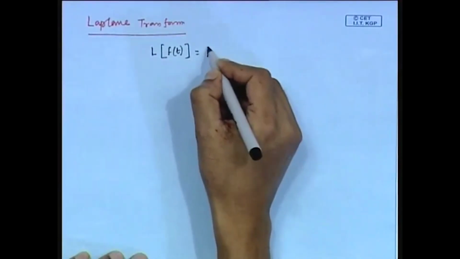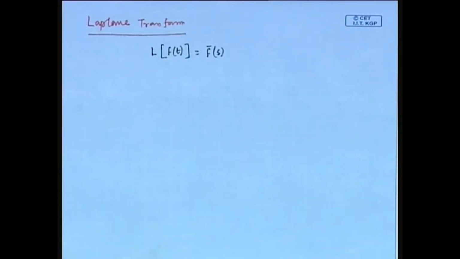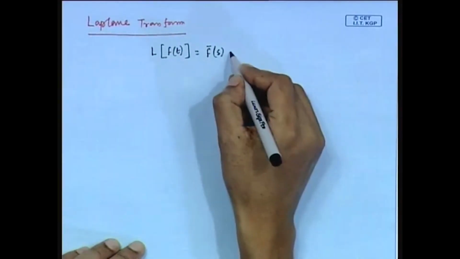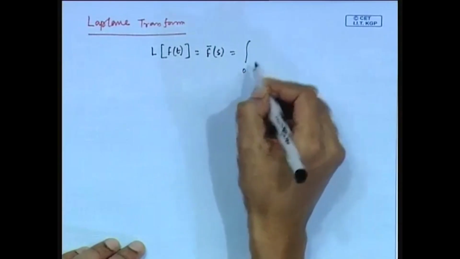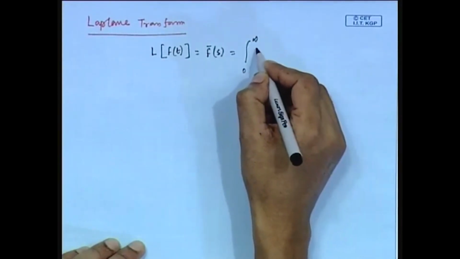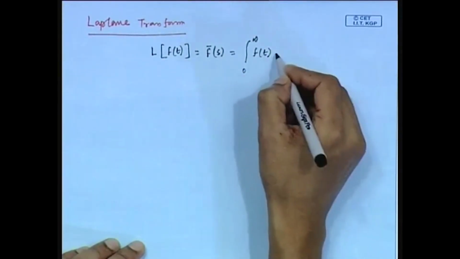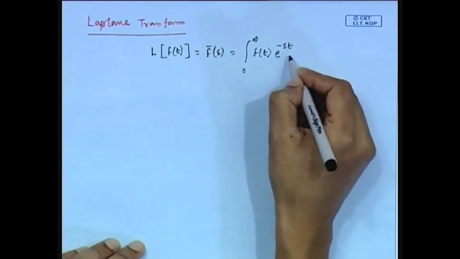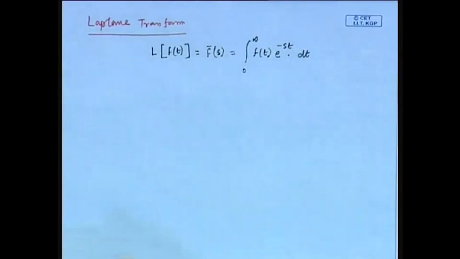This is equal to f bar(s), the function which is written in Laplace domain, equal to integral from 0 to infinity of f(t) e to the power minus st dt.